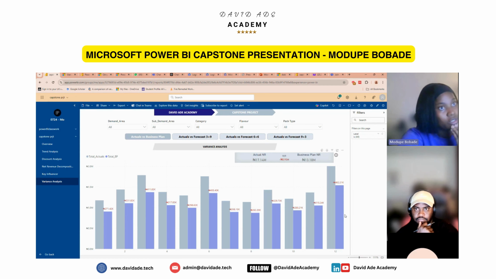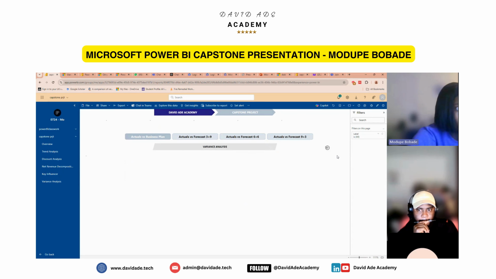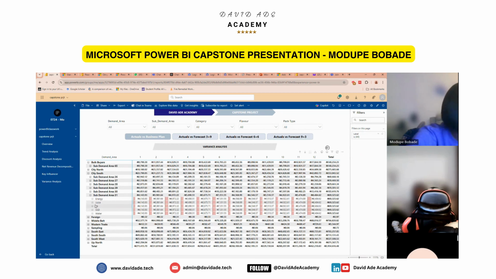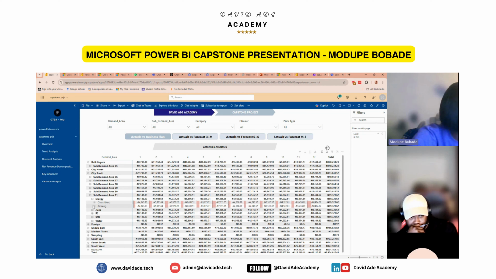However, if we want to dig deep to see how this is broken down, we can just check this by clicking on that eye, which is the info, and then it takes us to this page where we can see how this variance is broken down further. We could see the variance between all the demand areas, the variance by category, the pack type, the flavor, and all.